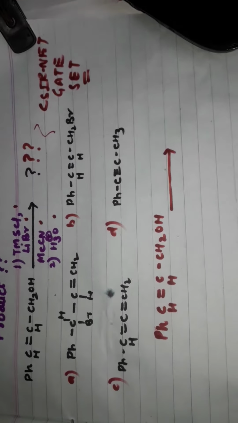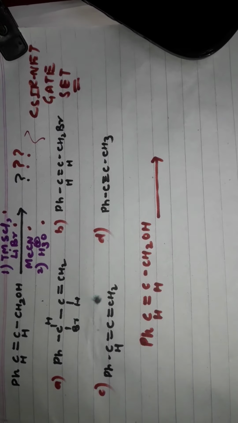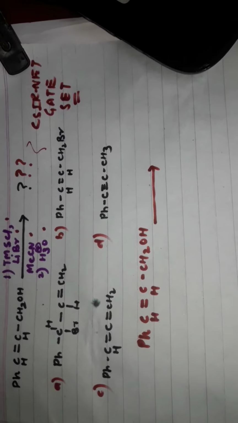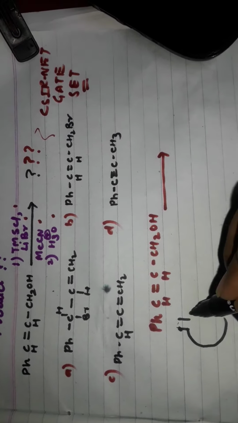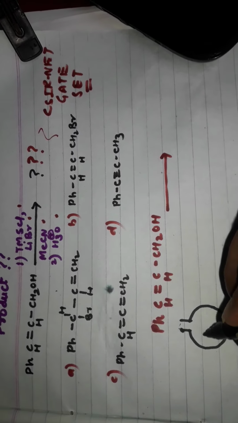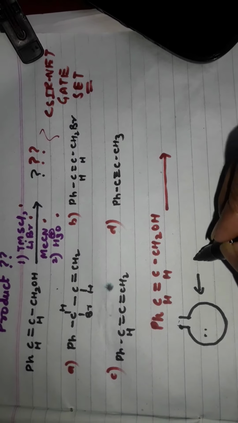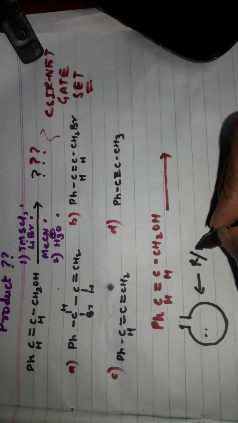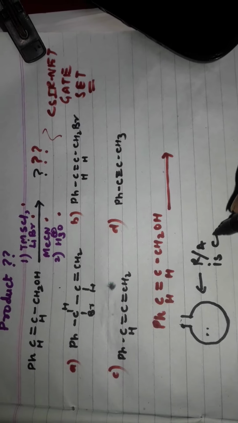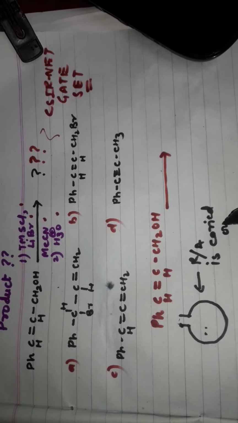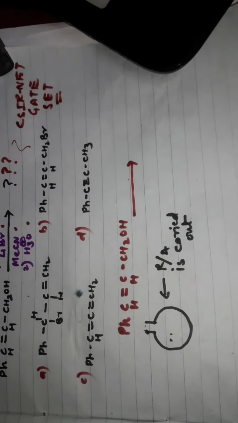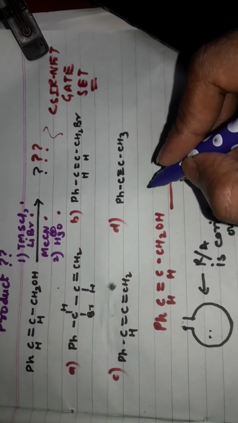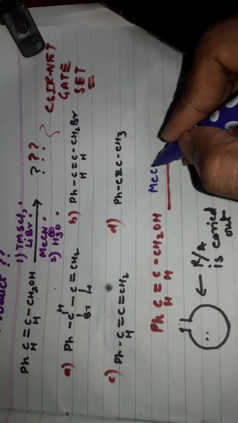The reaction is actually carried out in a vessel. You can say the reaction is carried out in, suppose, this RB flask. In this, the medium is here. If you see, they added MeCN.